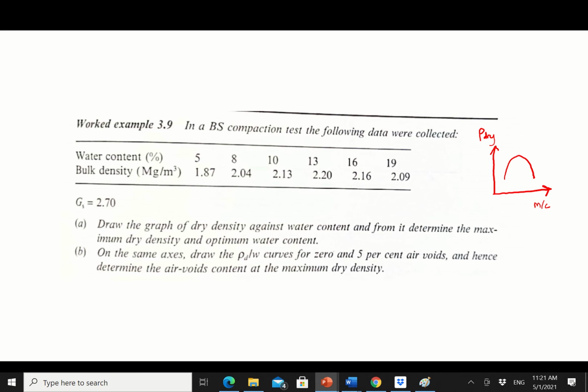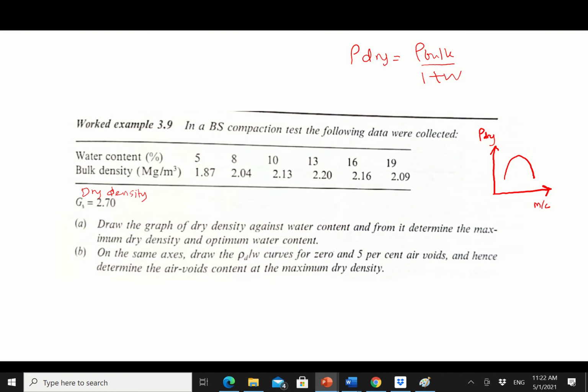But for this particular example, the missing data is the dry density data. First you need to calculate the dry density, and dry density is given by the equation rho dry equals rho bulk divided by 1 plus W. So you will get a new value before you plot the compaction curve.